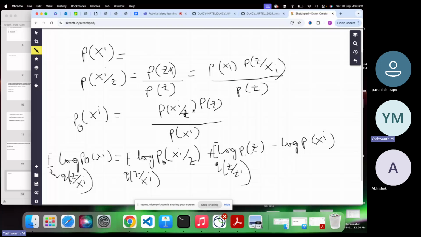P of x, P of z given x. Yeah, sorry, this is P of z given x. And minus expectation of q of z given x times log of P of z given x.